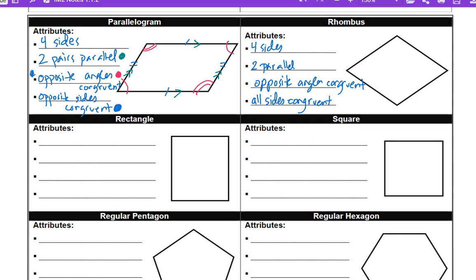Okay, so I'll mark the sides in blue. All 4 side lengths are the same. I will mark the opposite angles in pink. And I will show parallel in green.